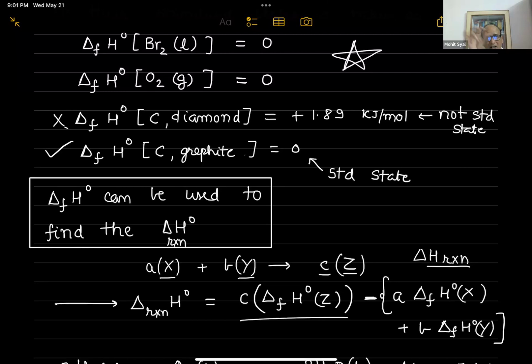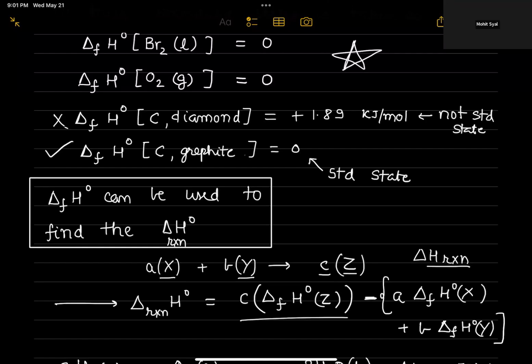So irrespective of the path taken, the heat of reaction or the enthalpy change for a reaction is going to remain the same. Got it?